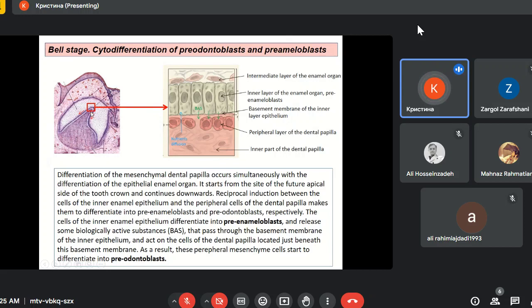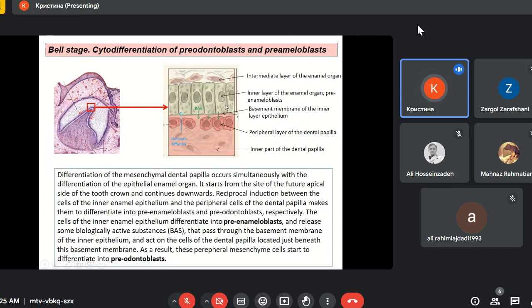And the cells of the dental papilla just below this basement membrane are these cells, the cells of the peripheral layer of the dental papilla. So what happens here?